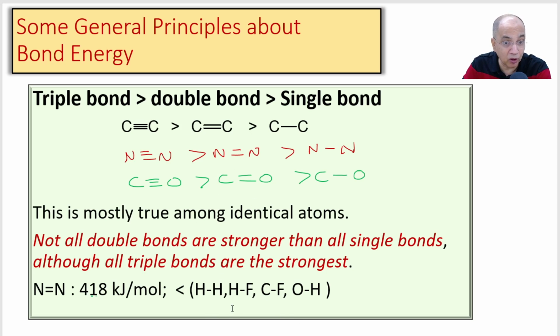But for the double bond, I'll give you an exceptional case where N double bond N has a bond energy of 418 kilojoules per mole. And these single bonds, HH, HF, CF, OH, single bonds involving the small hydrogen atom, are stronger than even an N double bond N, where there is no polarity and no hydrogen atom. So there are exceptions, no doubt about it.